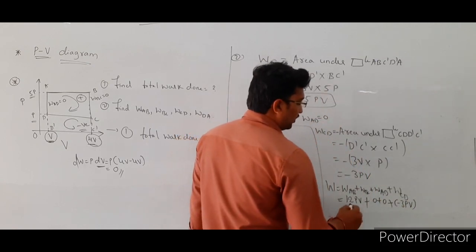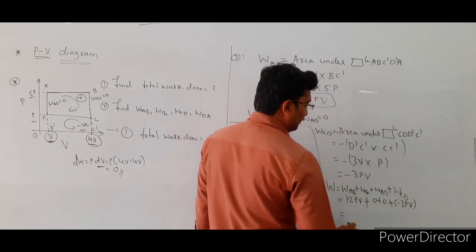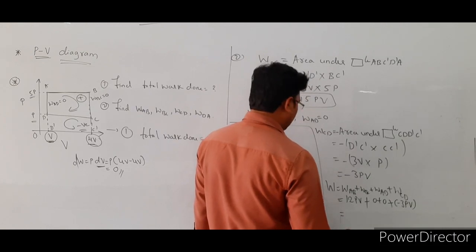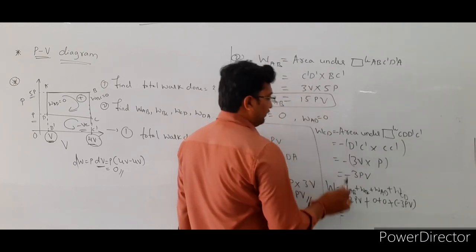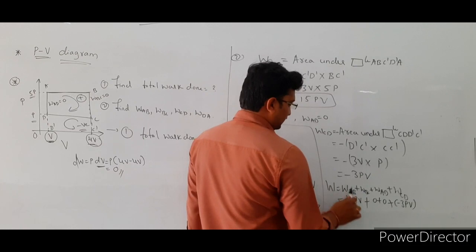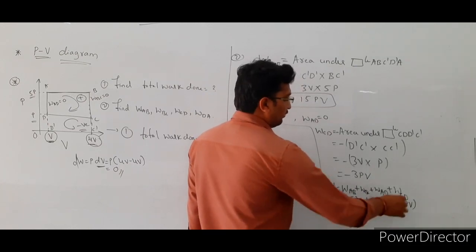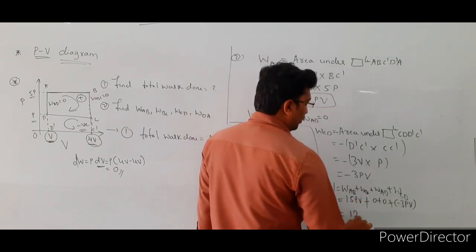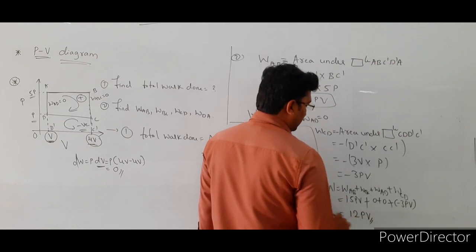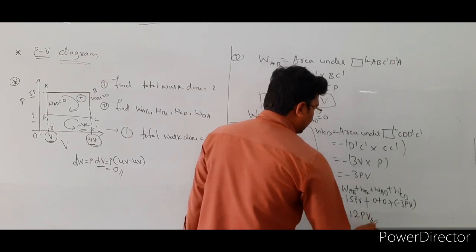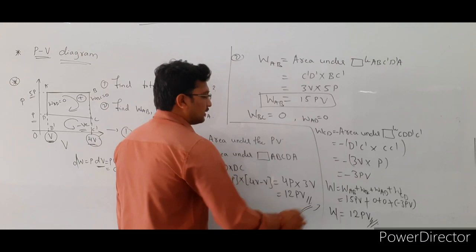This is equal to 15 PV minus 3 PV, that is equal to 12 PV. So this is the total work done.